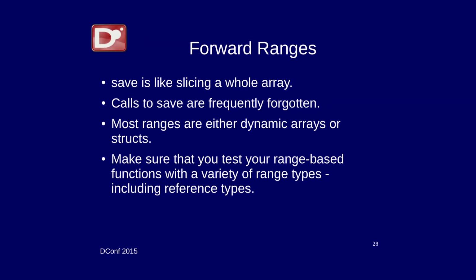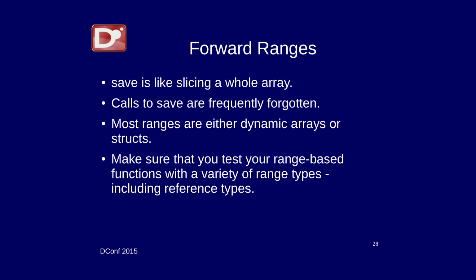Like I was saying, save is basically like slicing with an array. You're getting a copy that is in the same state and can be iterated separately. And we do forget save calls way too often. In reality, I think if we actually use it correctly, save is littered through the code and looks ugly. But the reality of the matter is, if you're not doing it in generic code, as soon as anyone tries with a reference range, it's not going to do what you expect.